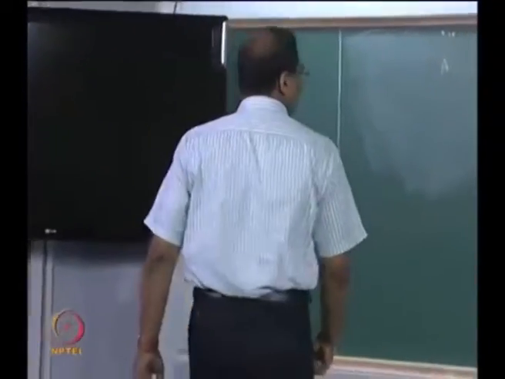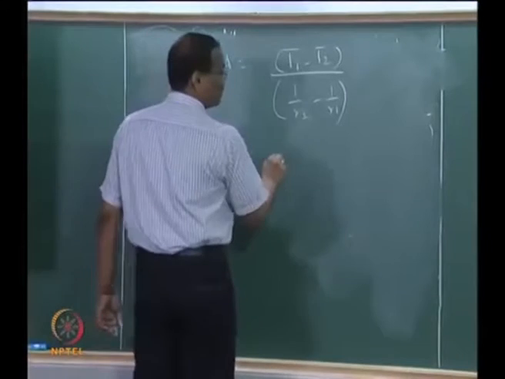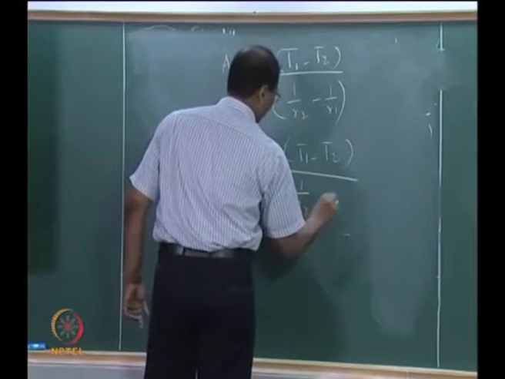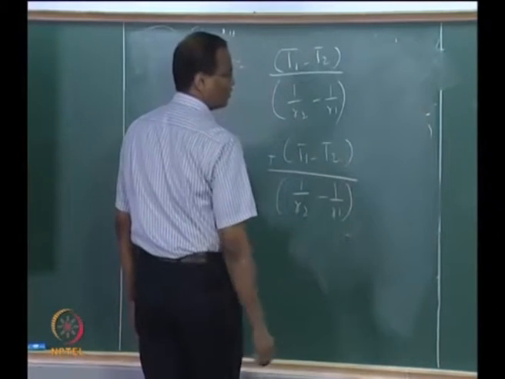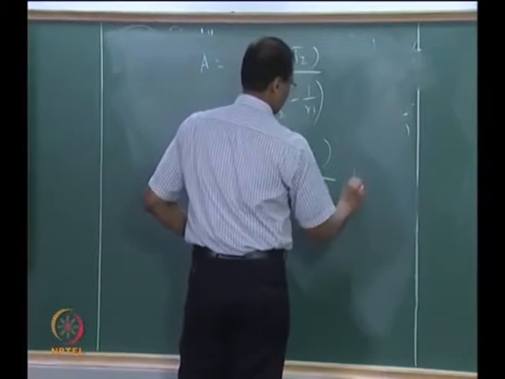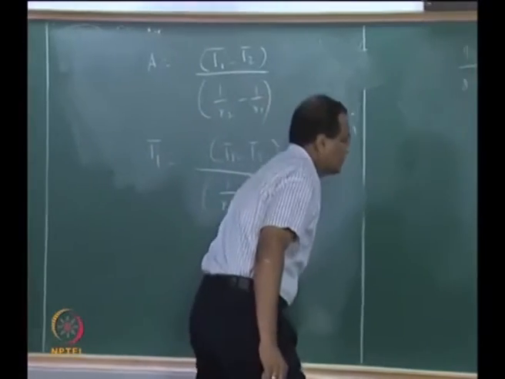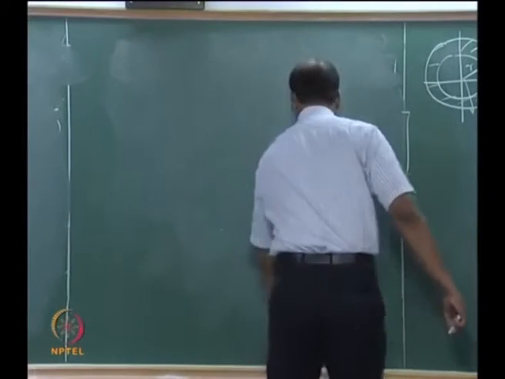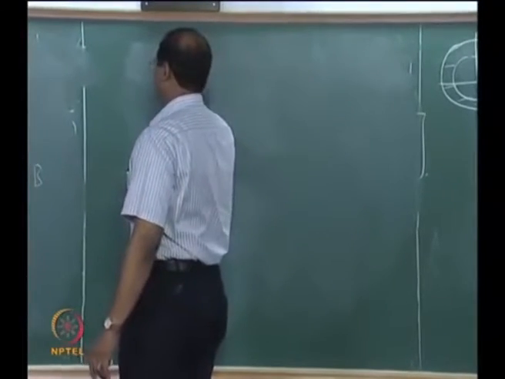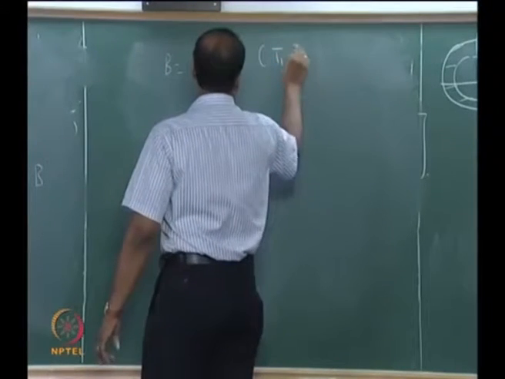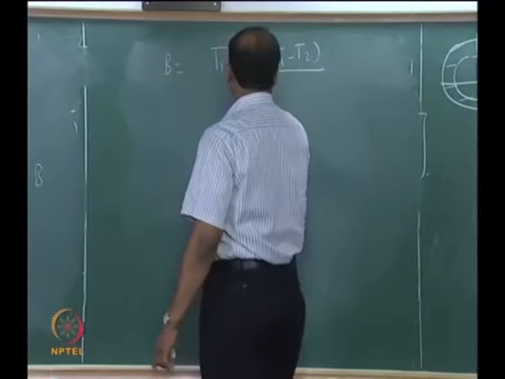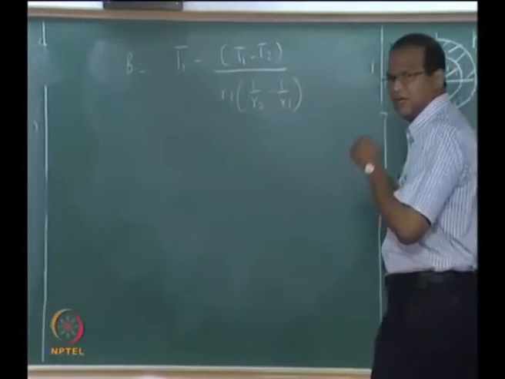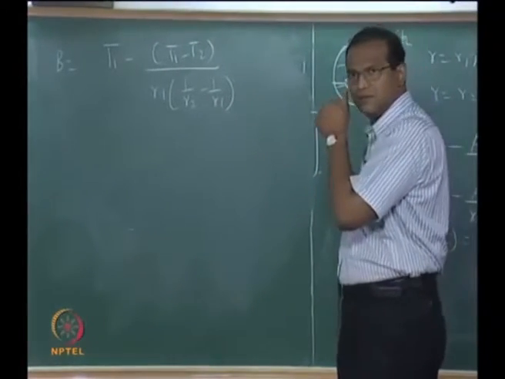Okay. Now B, so T1 by R1, huh? Correct. Is this correct? Okay.